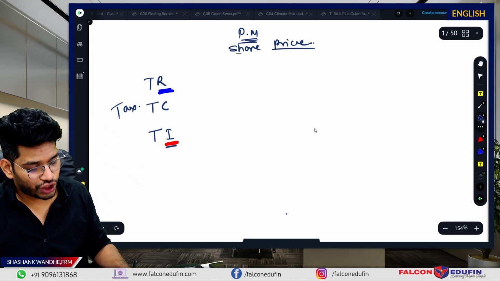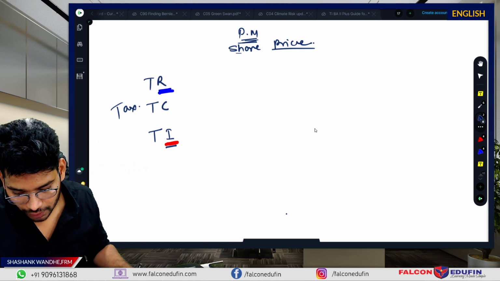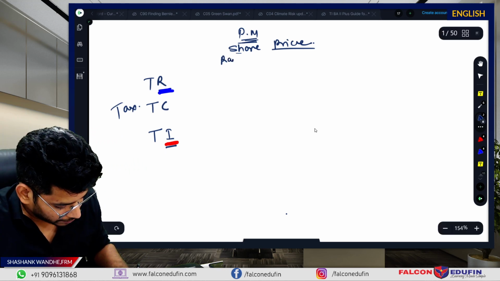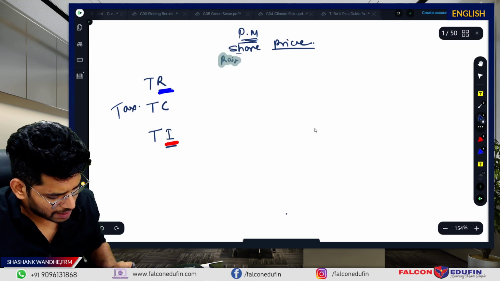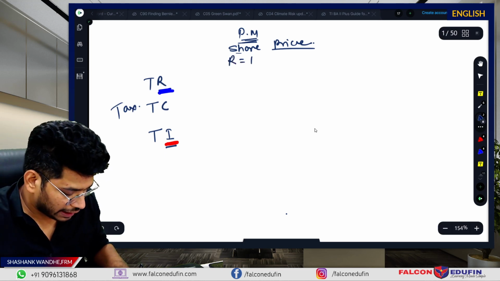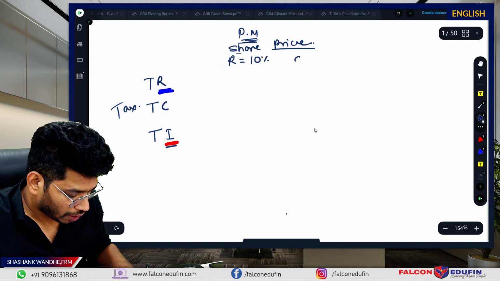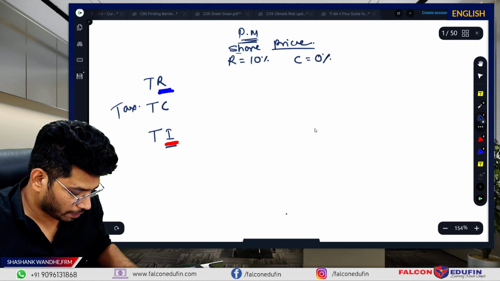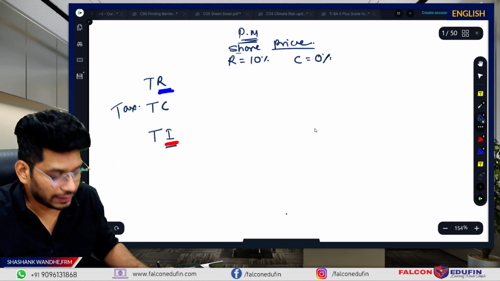Now, the change of the share price: share prices might rise, or we will simply keep it as R. It might rise by, say, 10%, or constant, that is, change is 0%.